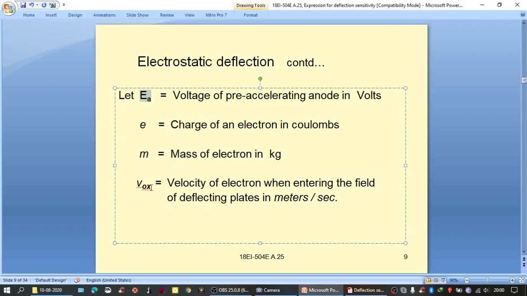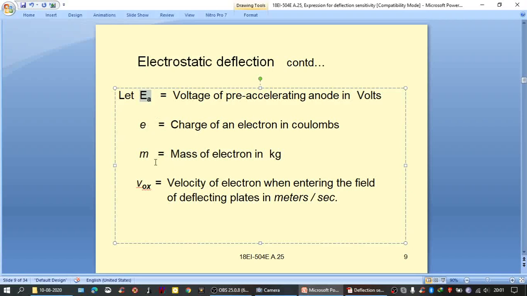So what is the amount of loss in potential energy? It is the product of the charge of the individual electron multiplied by the potential applied causing that loss of potential energy. So it is E multiplied with EA.